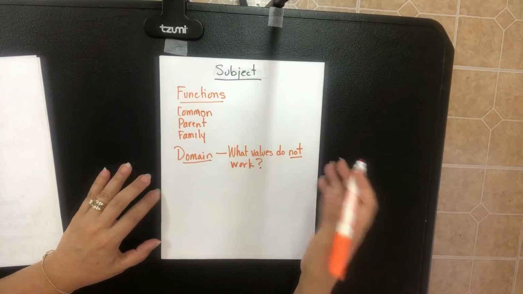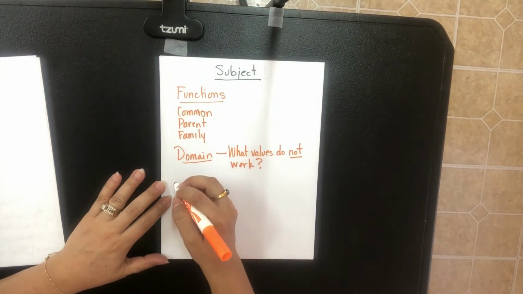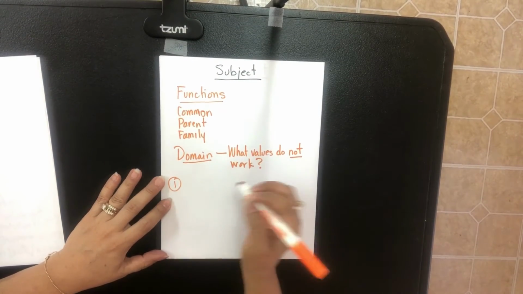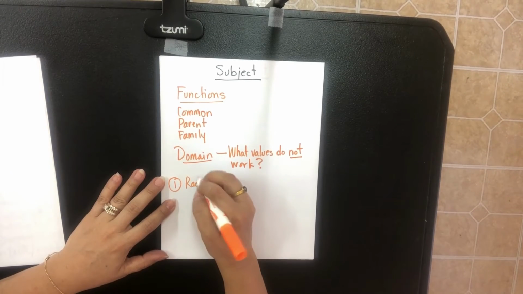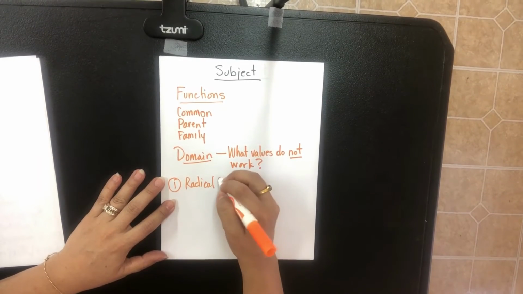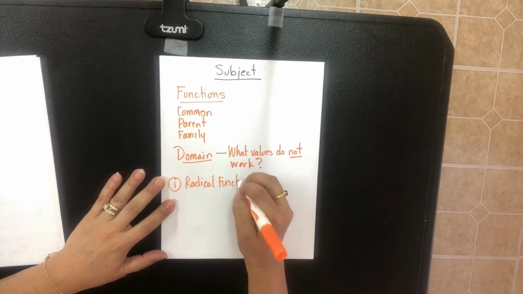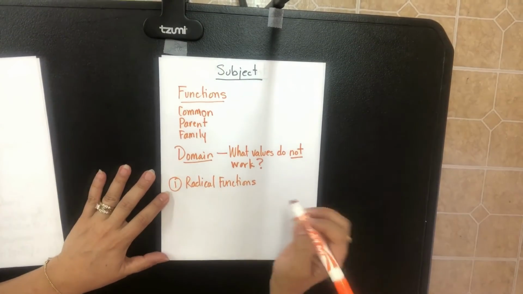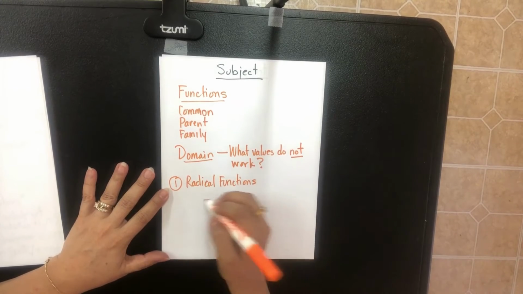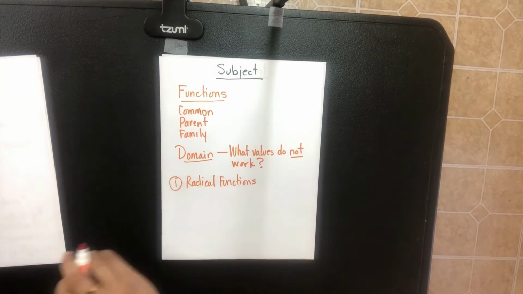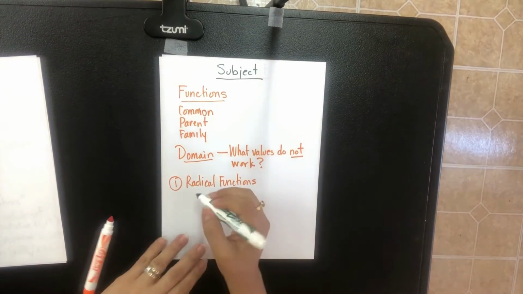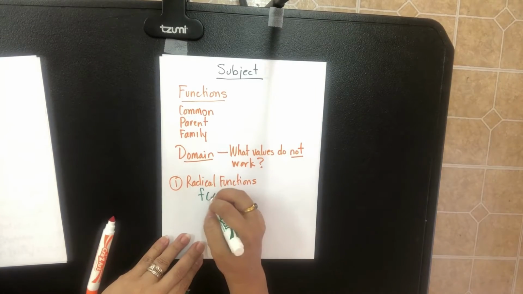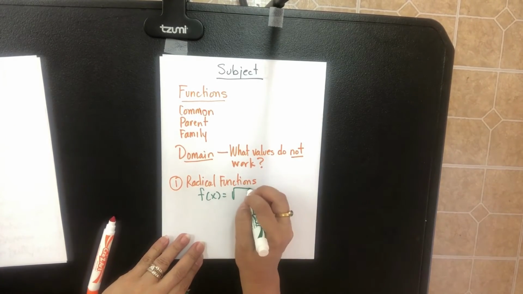There are three key functions that are going to be issues when it comes to domain. We're going to have what I like to call domain issues. Number one, radical functions. Radical functions, to just use the parent function, look like this: f of x equals the square root of x.